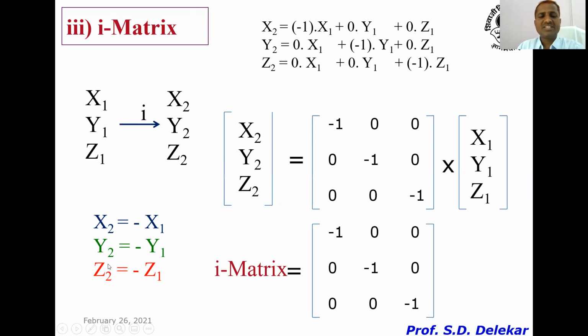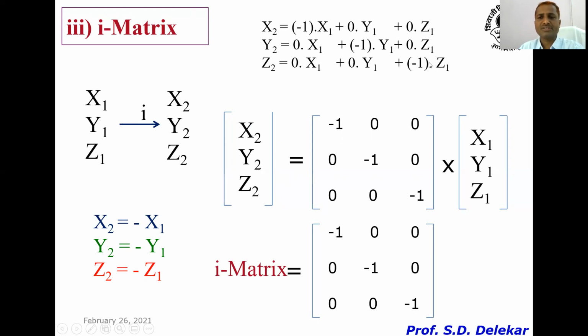So these three can be written in equation form as x2 is equal to minus 1x1 plus 0y1 plus 0z1, y2 is equal to 0x1 plus minus 1y1 plus 0z1, z2 is equal to 0x1 plus 0y1 plus minus 1z1.